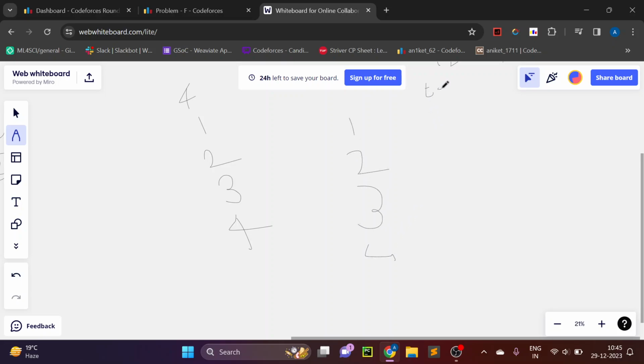1 2 3 4 at t equal to 1 will reach 2 3 4 5. Similarly at t equal to 2 they will reach 3 4 5 6. So the difference between positions of any two persons will remain the same while they are traveling.